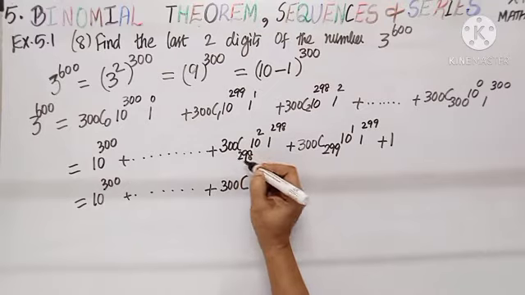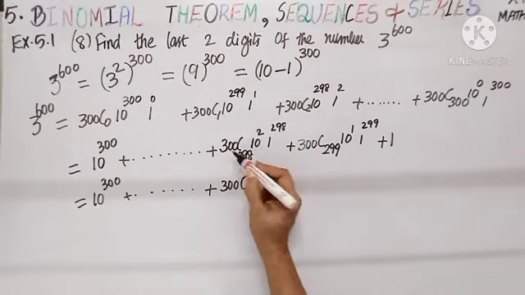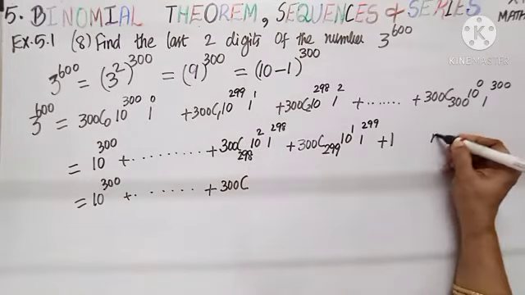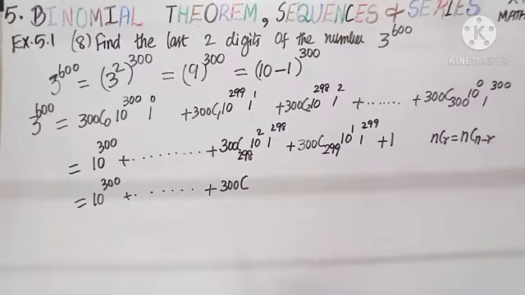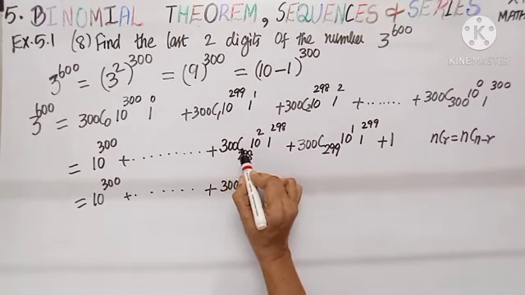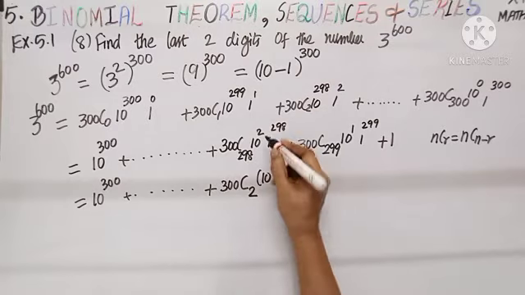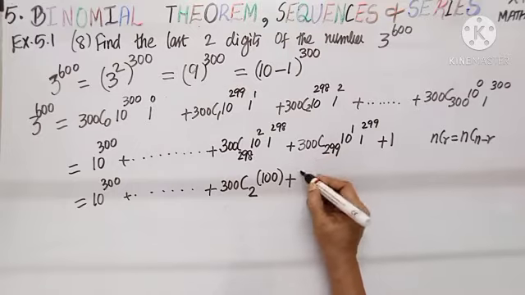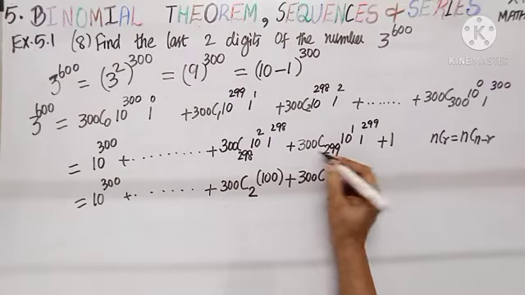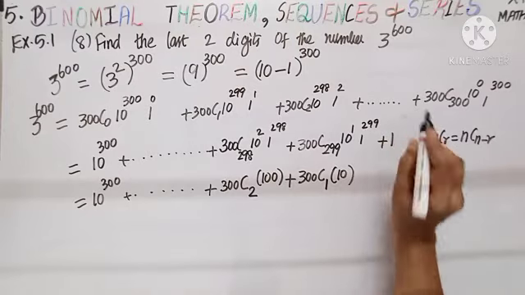When the numbers are big in combination, remember we used to subtract. Remember the formula, nCr is nC n minus r. So 300C, subtract, it becomes 2. Into 10 square is 100. 1 power anything, 1. 300C, subtract, it becomes 1. Into 10, 1 power anything, 1.